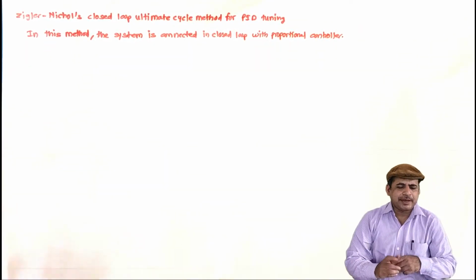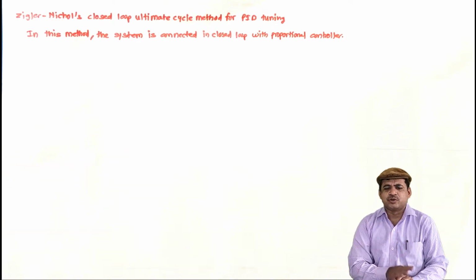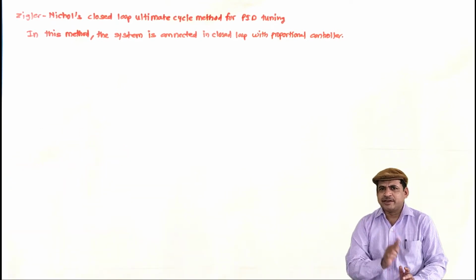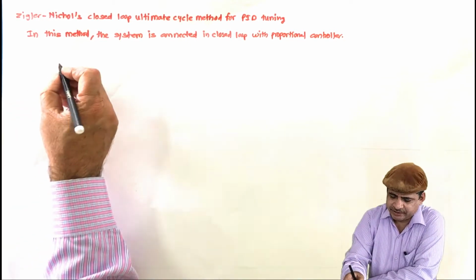So if you have a PID controller, the Ti is set to infinity so as to make Ki equal to 0 and Td is set to 0, and that means from the PID controller the I and D actions are taken out of the controller and it is only a proportional controller, and then the proportional controller and the system are connected in closed loop like this.